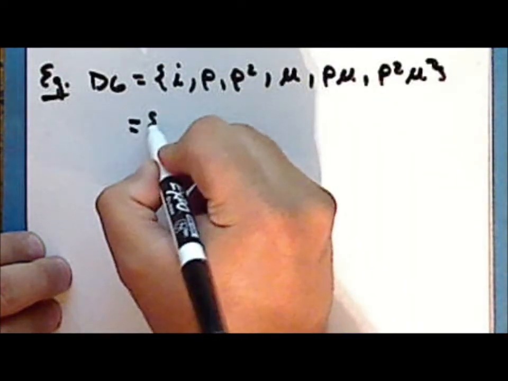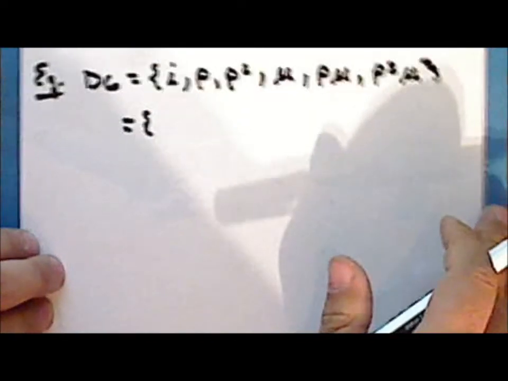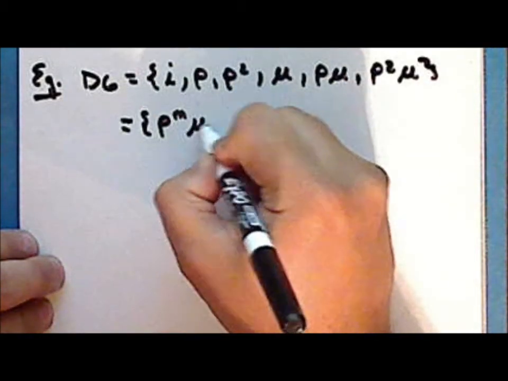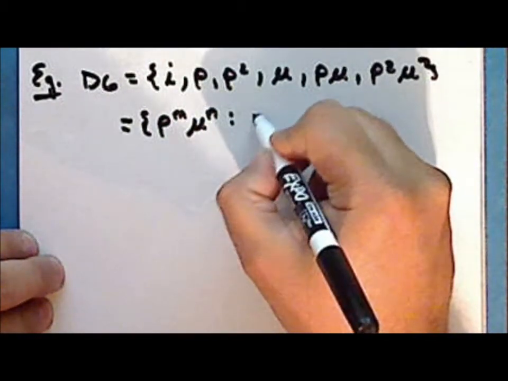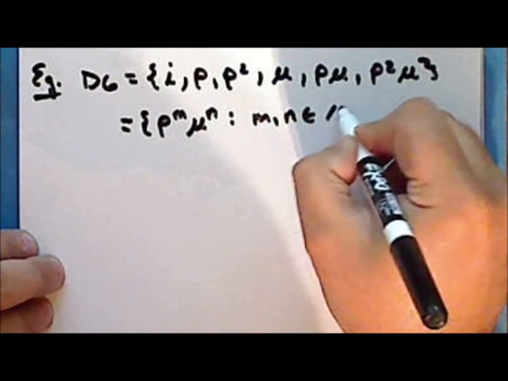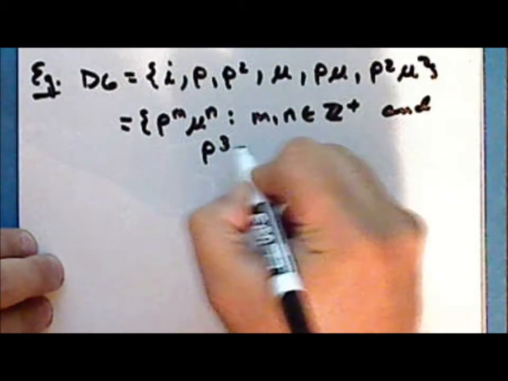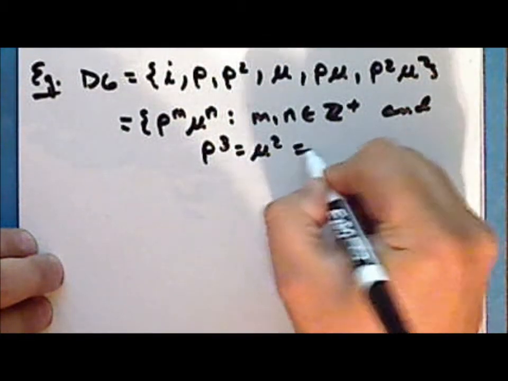Notice that we can represent this group as the products rho to the power of m times mu to the power of n, where m and n are positive integers, and rho cubed is the same as mu squared, which is the identity.